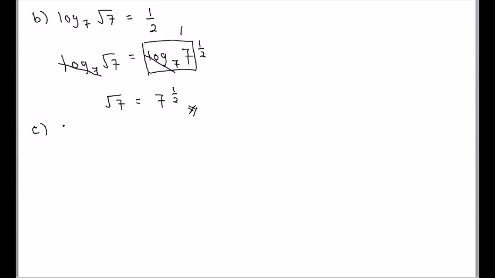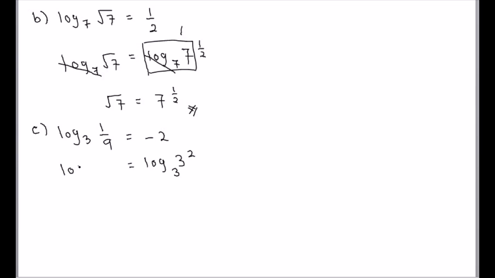C. This time we have log base 3 of 1 over 9 equals negative 2. So on the left we have log base 3. On the right we will add log 3 base 3 to the power 2, because log 3 base 3 is equal to 1.